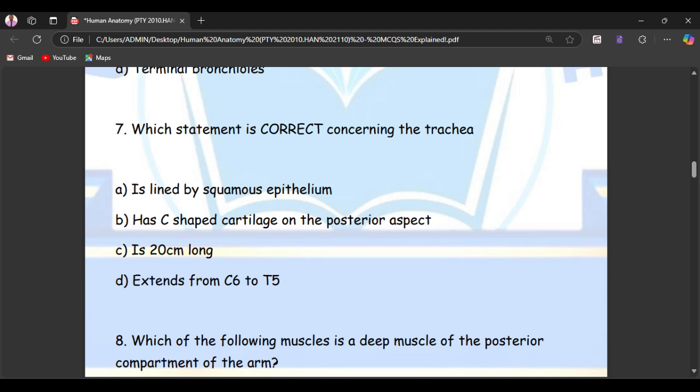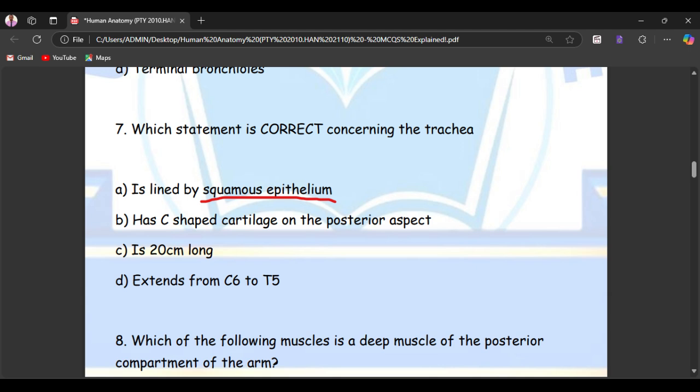On the first option, we are being shown that the trachea is lined by squamous epithelium, which is not correct. The trachea is lined by pseudo-stratified ciliated columnar epithelium.